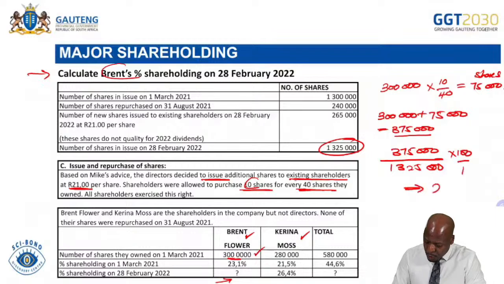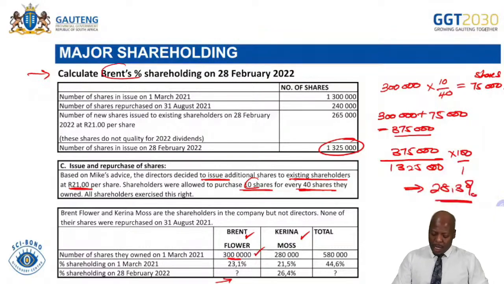You'll find that it is 28.3%. Here he was holding 23.1, but now he holds 28.3%. So his percentage holding has improved from 23.1 to 28.3. How did it improve? He bought more shares.